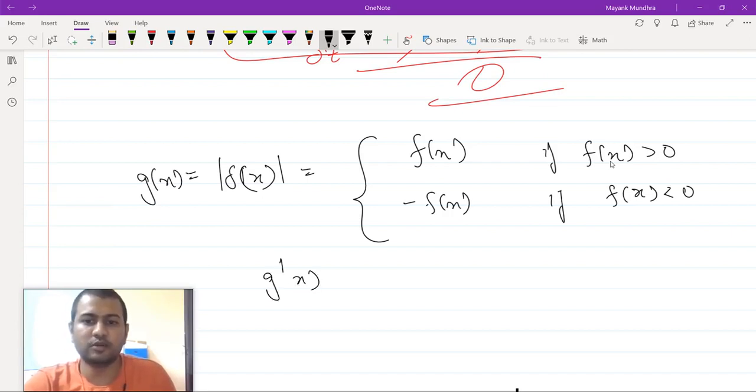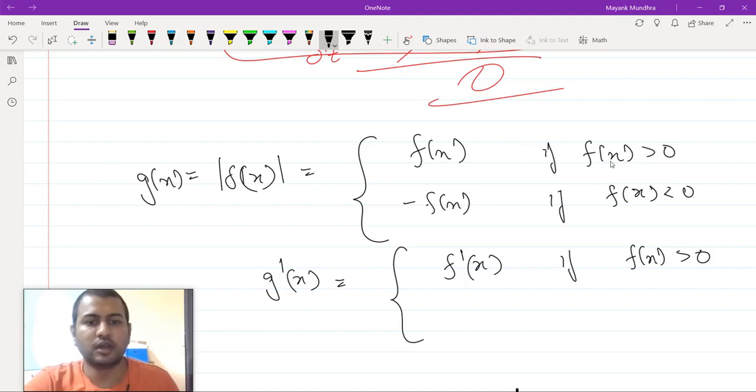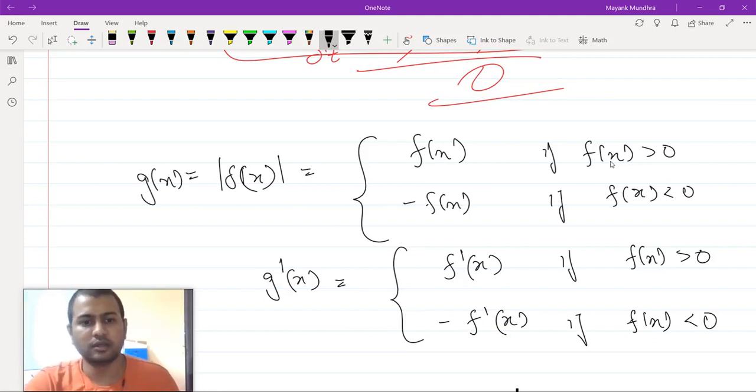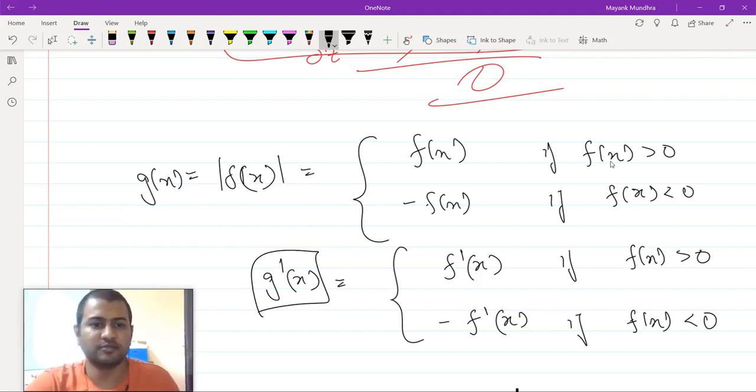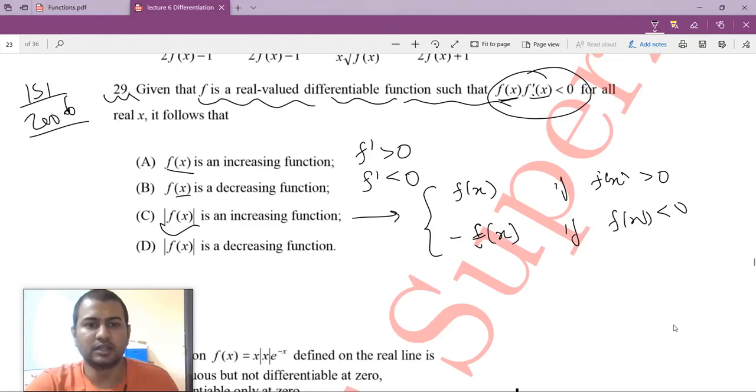So g prime of x will be equal to f prime of x if f of x is positive and minus f prime of x if f of x is negative. Okay, so the differentiation of g of x is f prime x when f of x is positive and minus f prime x if f of x is negative.